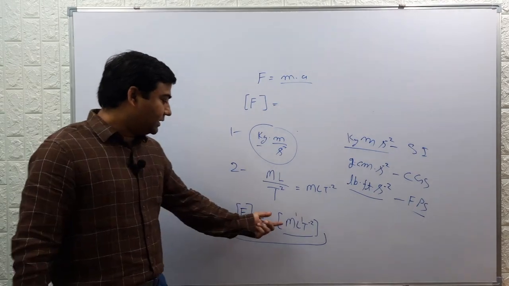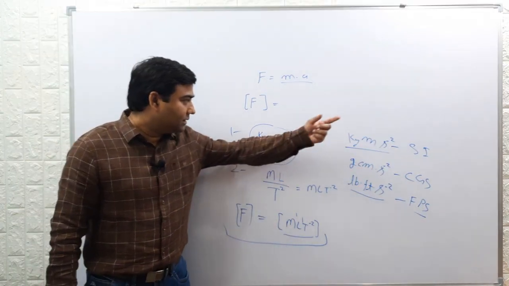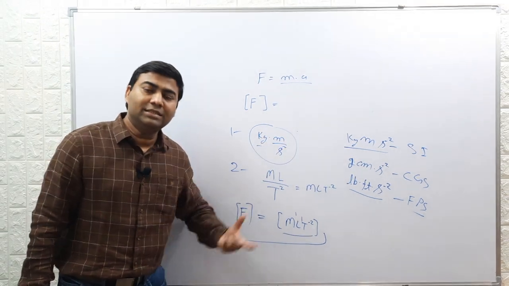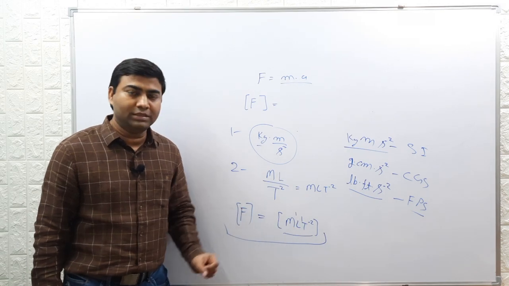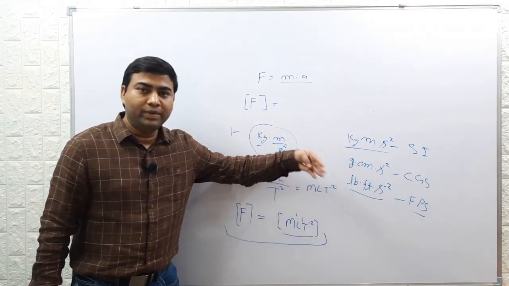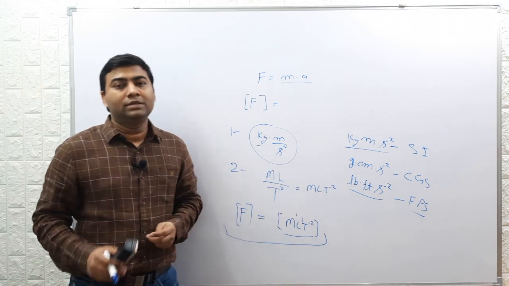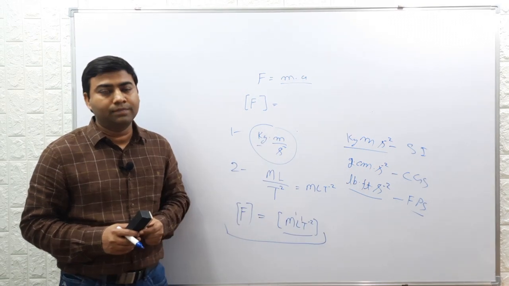So after finding the dimensional formula, you can easily find the unit in any system of units by replacing these standard symbols of length, mass, time by the base units in the respective system of units, that is CGS system, FPS system, SI system.